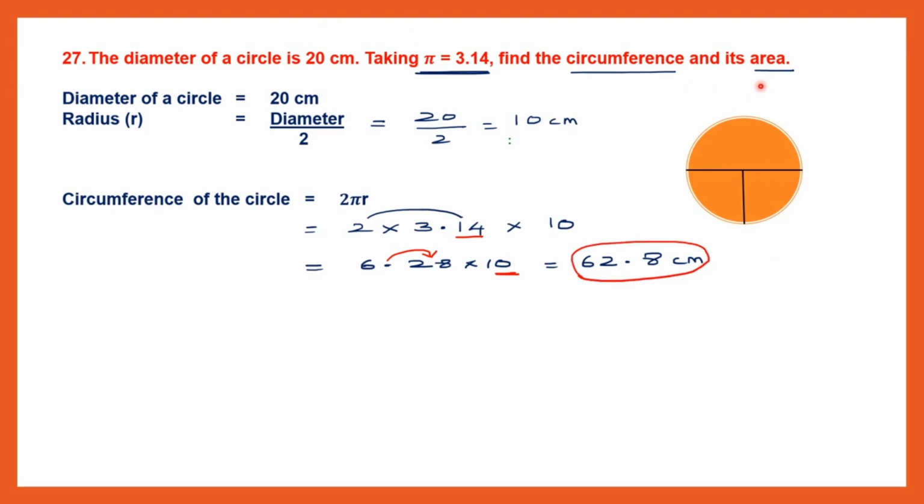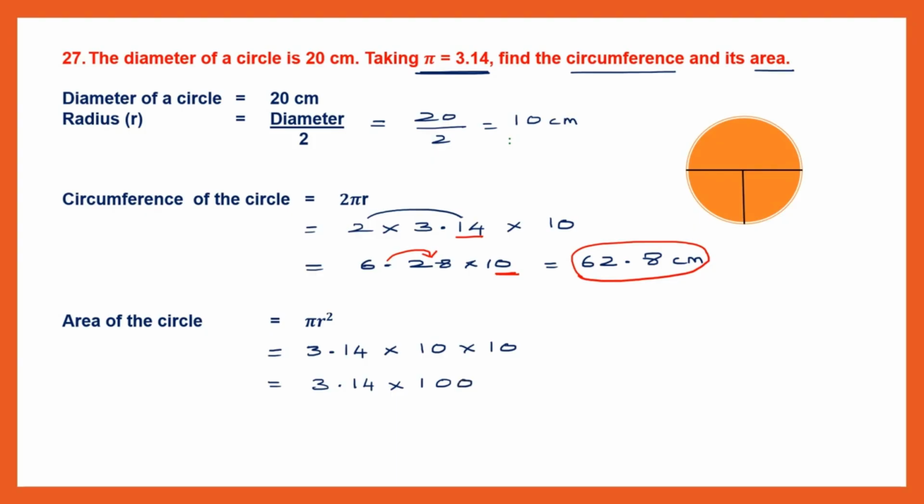Now we are also asked to find the area. And what is the formula to find the area? The formula is pi r square. That means pi into r, and pi is given as 3.14 into r, and radius we found out to be 10 centimeters and into 10. So this is 3.14 into 100. 10 into 10 is 100.